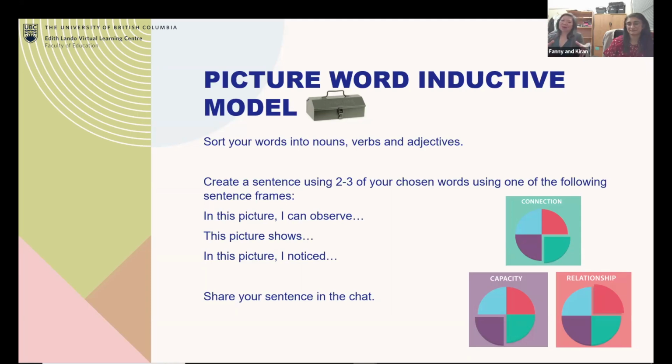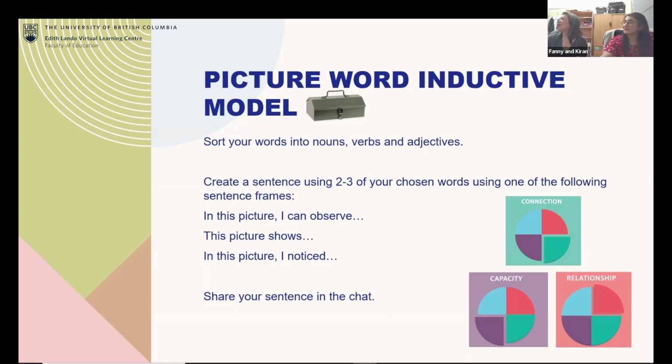After that, we would categorize the words into the parts of speech, such as nouns, verbs, and adjectives, and then move on to making the sentences. So in this way, the kids have the words up there. They're helping each other generate words, and it's very safe because we've created some sentence stems for them to use. All right. Awesome.